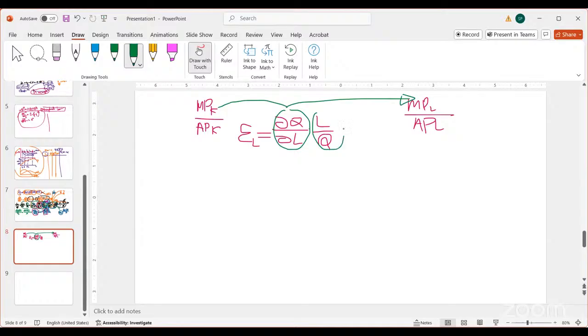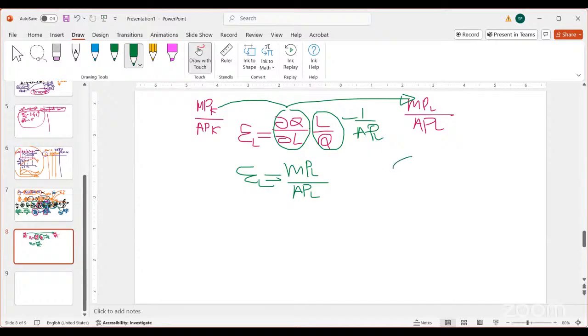The second part, the reciprocal, 1 divided by APL, which means labor elasticity equals MPL divided by APL. APL means average product of labor.